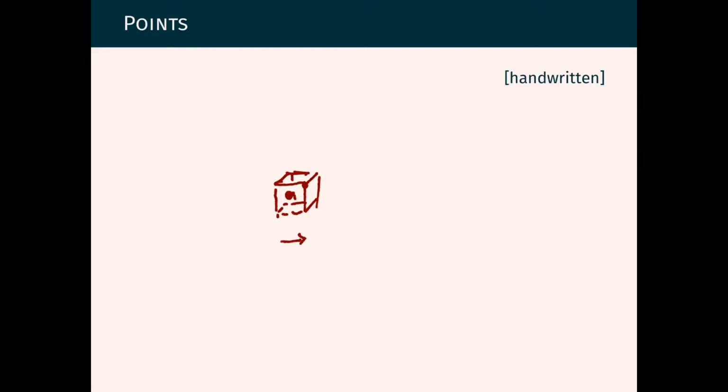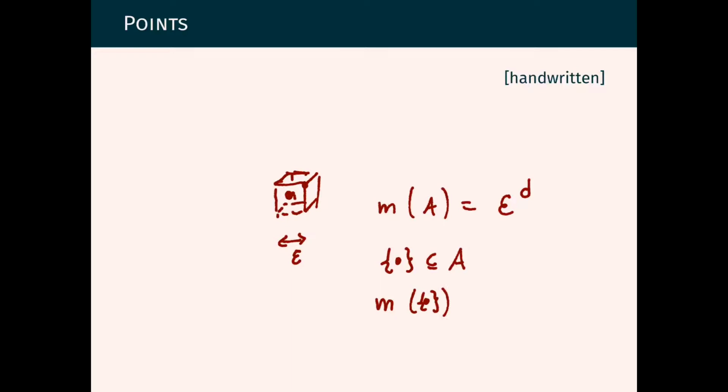If this cuboid has side epsilon, then the measure of the cuboid A will be epsilon to the d. And since this point is a subset of A, the measure of the point is less than epsilon to the d. Since this is true for every epsilon, the measure of the set that has only one point, let's denote it x, is 0.